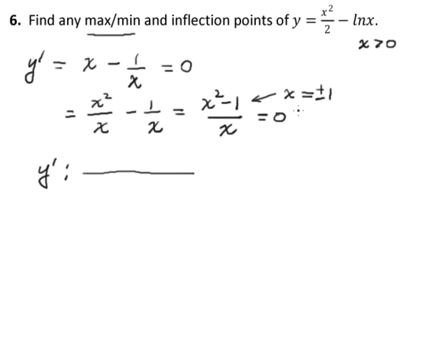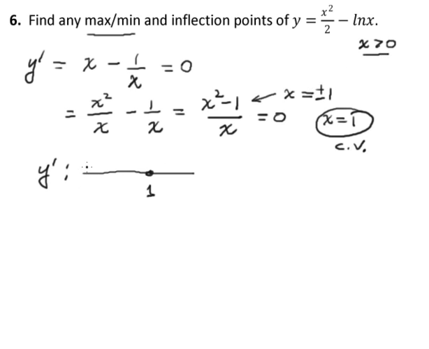Well, it's equal to 0 when x is equal to 1. We won't count x equal minus 1 because remember the domain is only x greater than 0. So the only critical value here is x equal to 1, where the derivative is equal to 0, not x equal minus 1 because it's not in the domain.